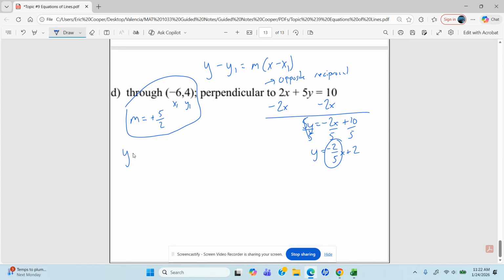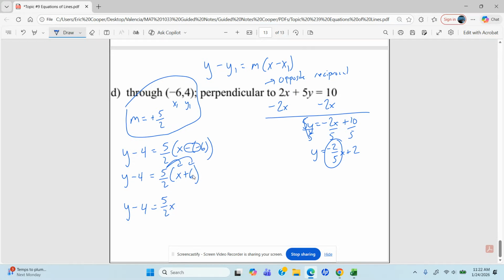So y minus 4 equals 5 over 2 x minus negative 6. And again, I'll take this double negative here, and I'm going to turn it into a positive value. We'll distribute the 5 over 2 into both of these. 5 over 2 times x is 5 over 2x. 5 over 2 times 6.